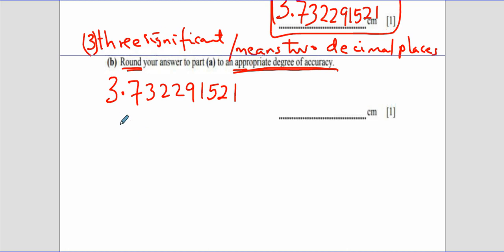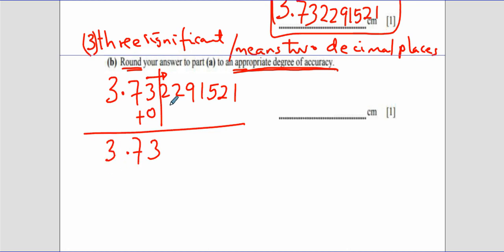How many significant figures are here? 1, 2, 3, 4, 5, 6, 7, 8, 9, 10. 10 significant figures. Now 3 significant figures is most appropriate. 1, 2, 3, put a border here, check on the right, there is a 2, so it stays.